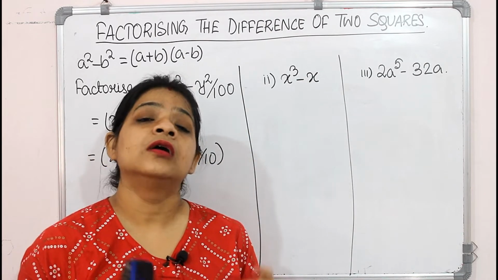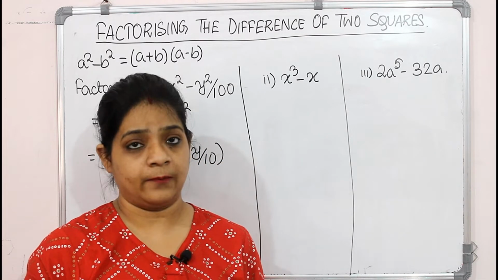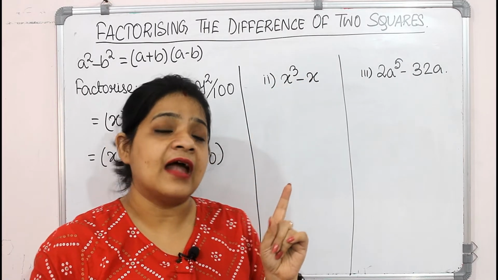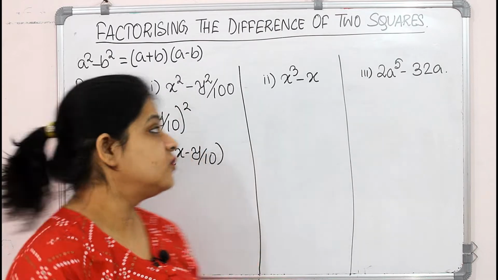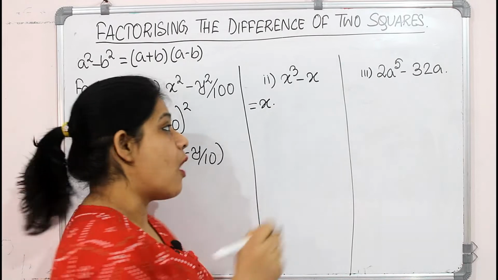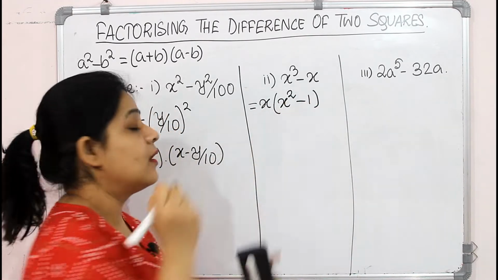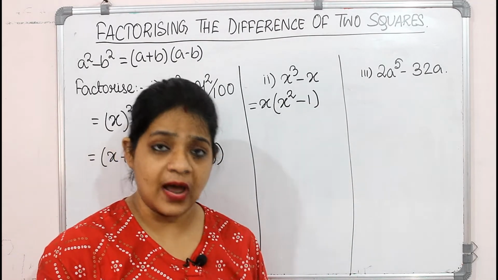So somehow you have to express this in the form of a square. If you notice the two terms, x is common to both. So can I take x common? x is common, and we can write this as x into (x square minus 1).